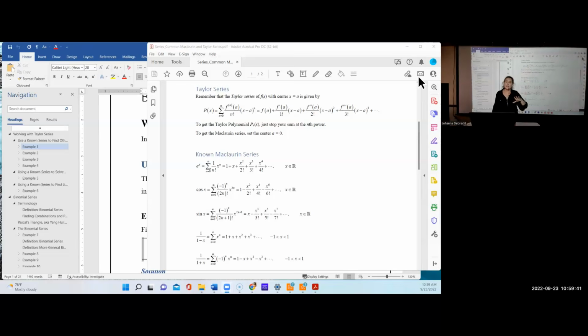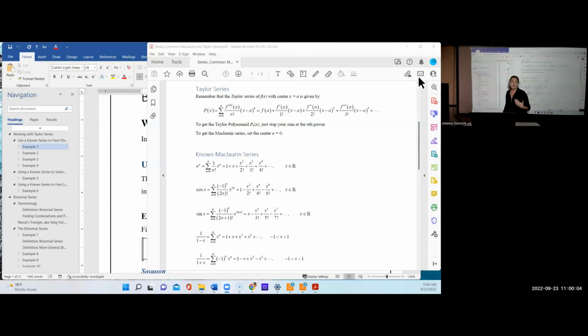Remember, we developed tables where we computed all the derivatives up to maybe 6 or 7 if we were writing by hand. Then we would compute the derivatives with the center plugged in, and find the coefficient by dividing those by that value factorial. And this gives you the expansion that you see here on the right.